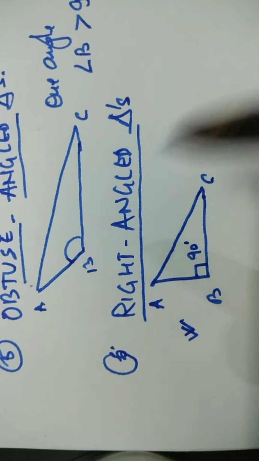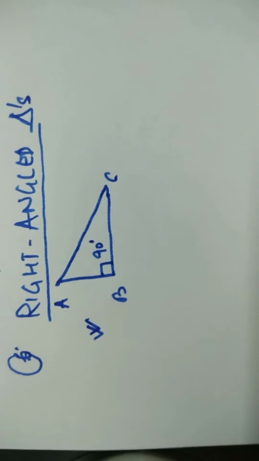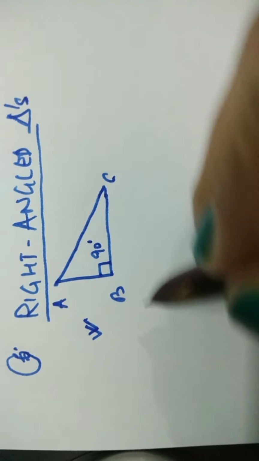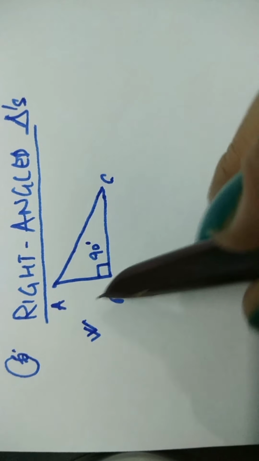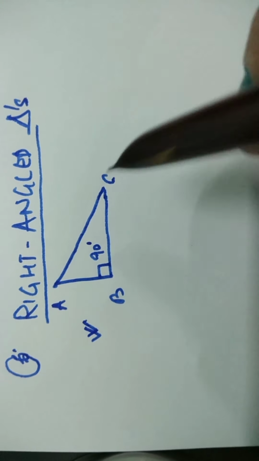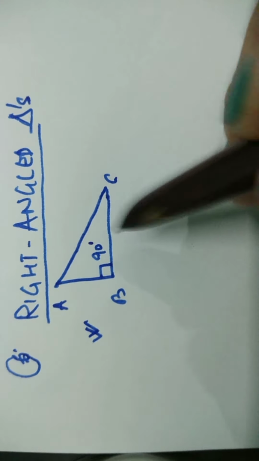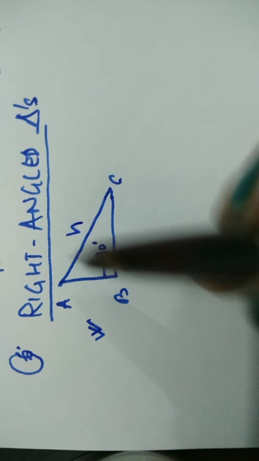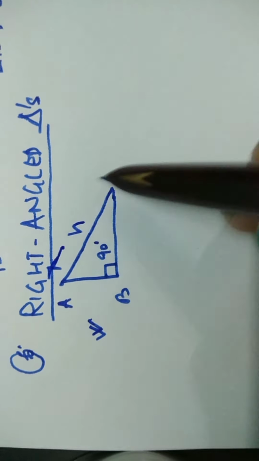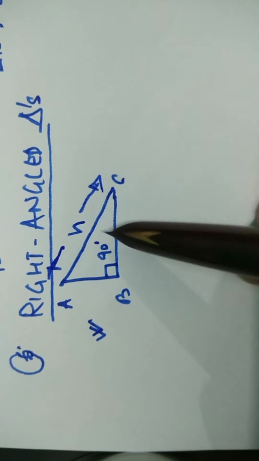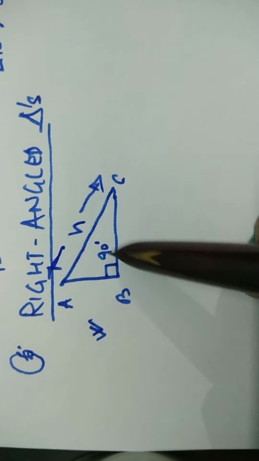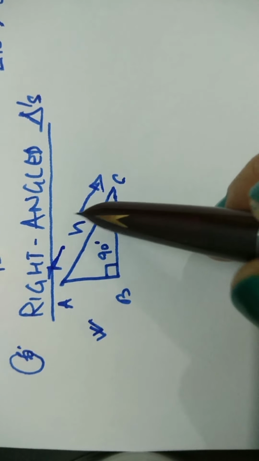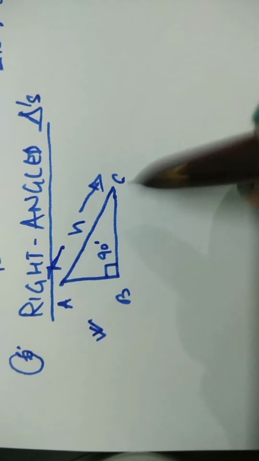And I hope you all remember that in a right angled triangle, this is the hypotenuse. The side opposite to the 90 degree angle is called the hypotenuse. Suppose the hypotenuse is of length h.